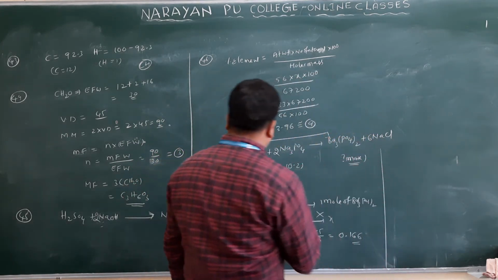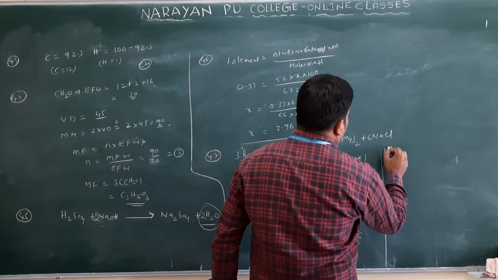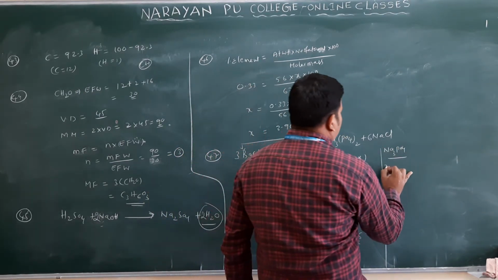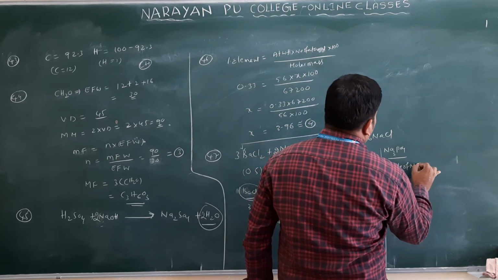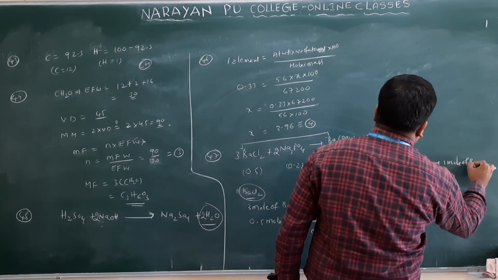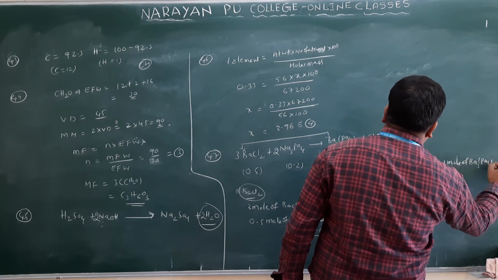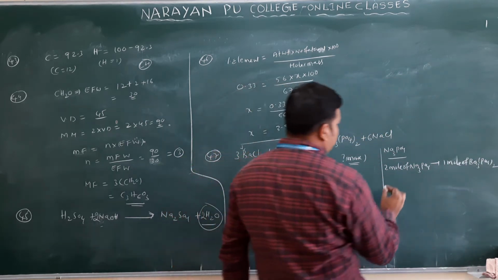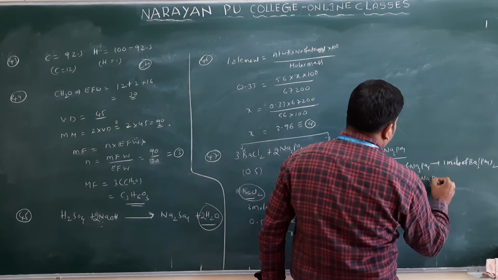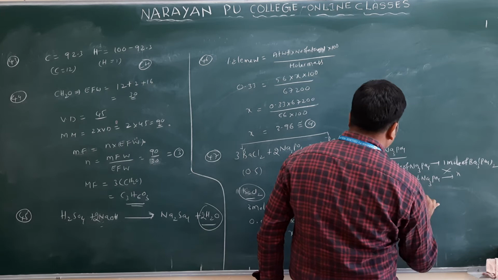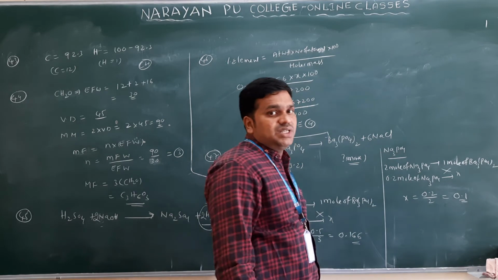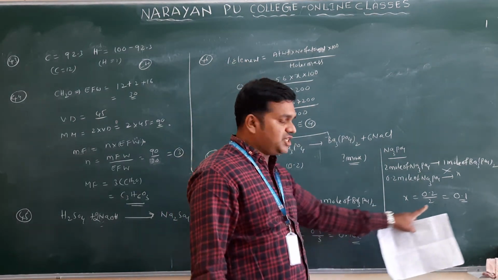Suppose you are taking Na3PO4: 2 moles of Na3PO4 gives 1 mole of Ba3(PO4)2. But here how many moles do we have? 0.2. So 0.2 mole of Na3PO4 gives x. So x equals 0.2 by 2, that is 0.1. Which one is the least amount? Here 0.166, here 0.1 only.